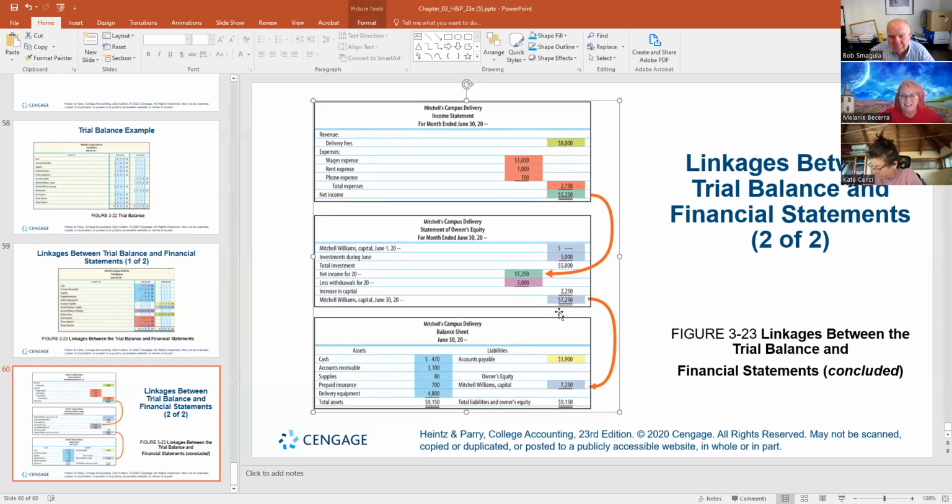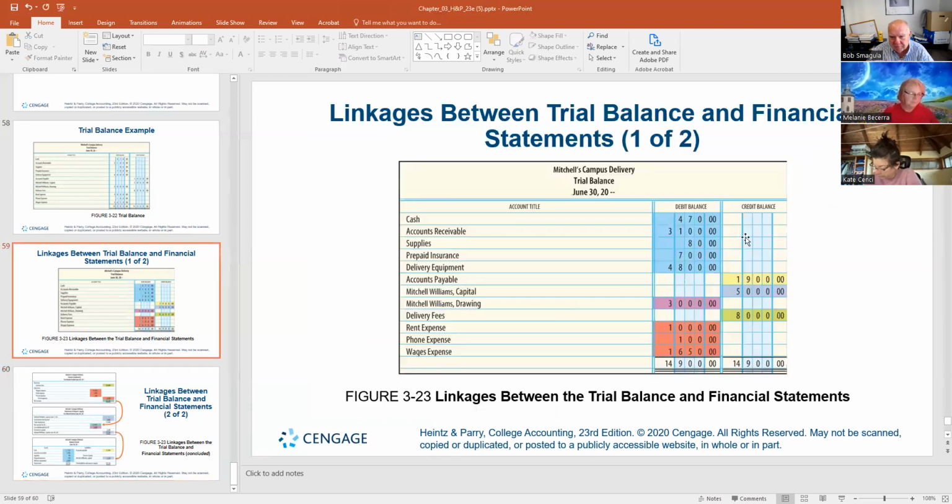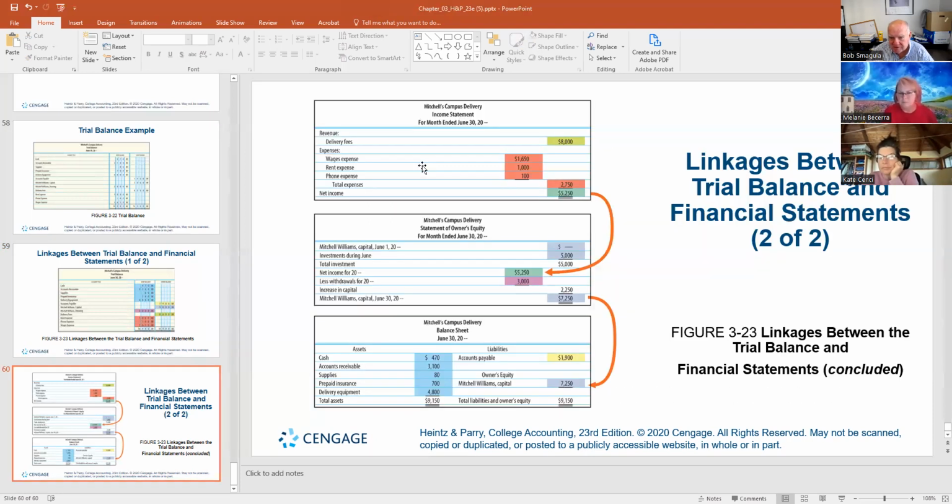Okay. So we came up with our new equity number, 7,250. Look at the balance sheet now. We're just going to copy everything from the balance sheet except what number? The capital number, because that's now changed. The capital is no longer 5,000. The capital is now 7,250.